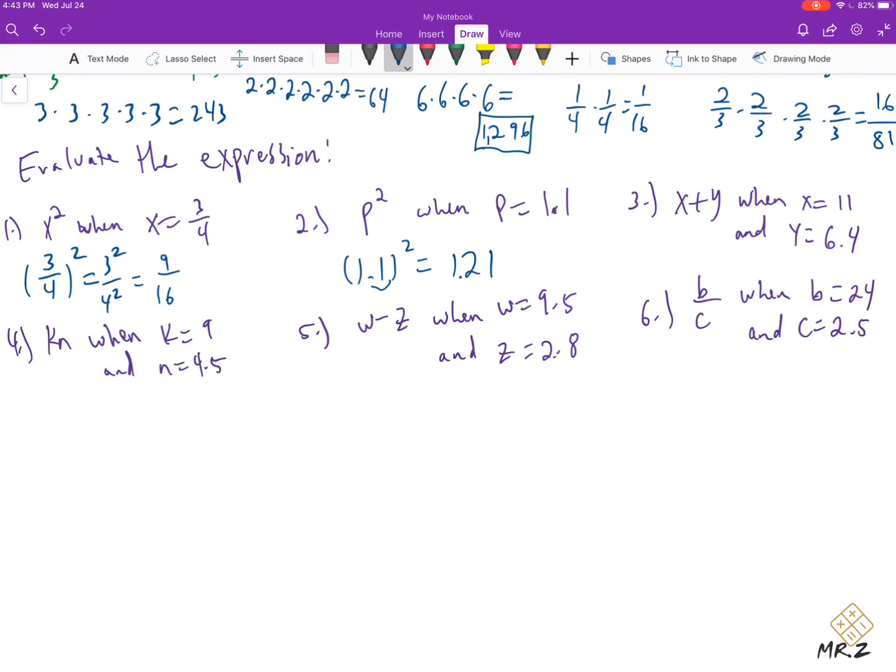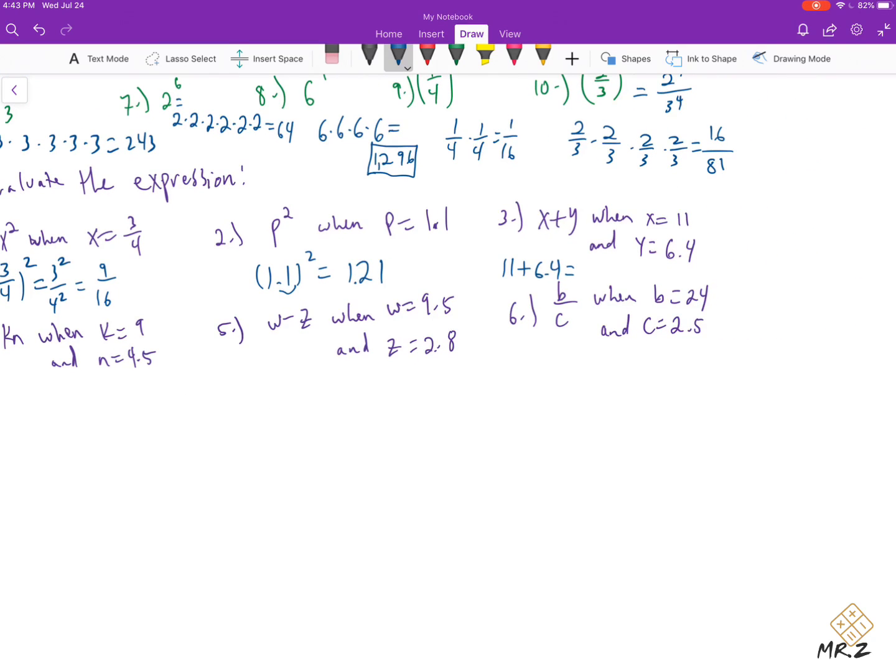x minus y, when x is 11 and y is 6.4. So, again, substitute 11 for x and 6.4 for y. When you're subtracting decimals, make sure they line up. 11 doesn't have a decimal, so we'll write it as 11.0, but 6.4 does.